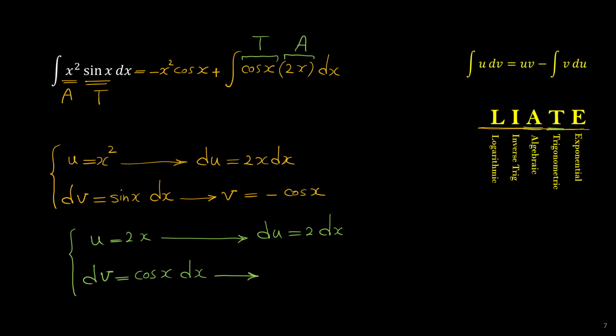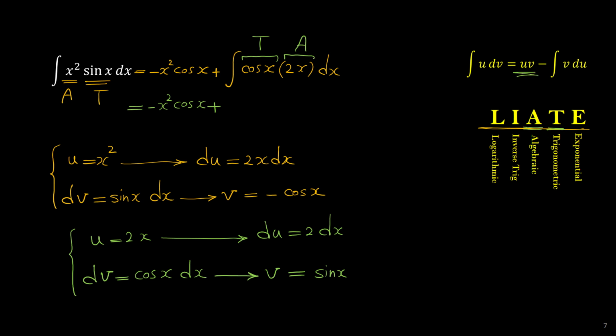And from dv we take integral. Integral of dv is v, and integral of cosine of x is sine of x. Now we use the integration by parts formula again for finding this new integral. So we write negative x squared cosine of x again plus uv.